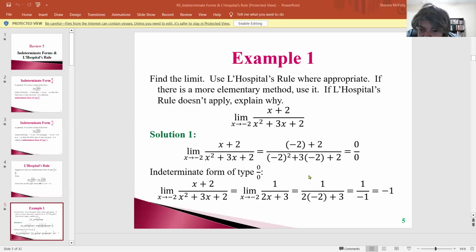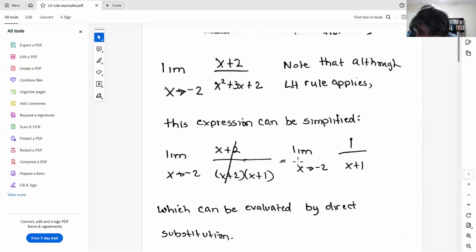I lost connection here. As I was saying, even though we can see here that L'Hopital's rule applies in this situation because she was able to plug in the numbers and get the limit, we can also factor.